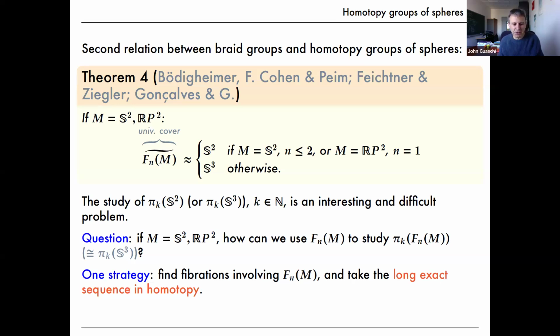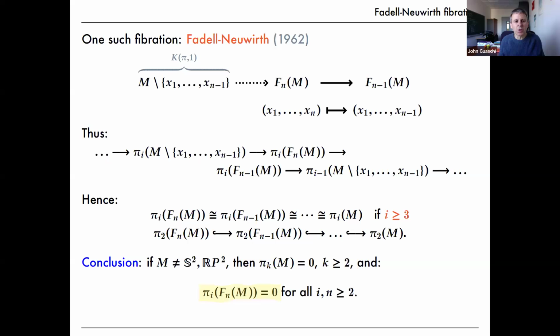So this idea is motivated by very classical results. This comes from the 1960s. This is what's called the Fadell–Neuwirth fibration.